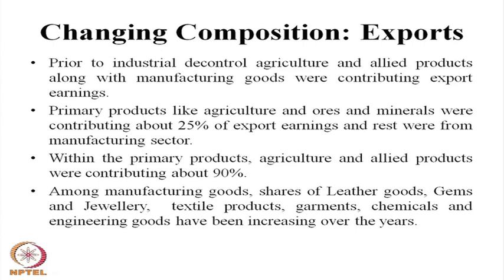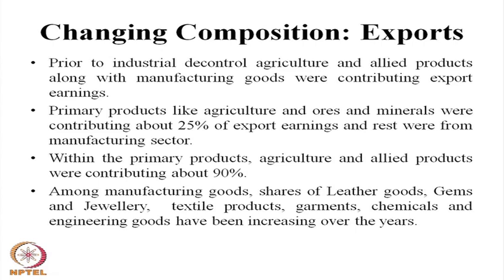Primary products like agriculture and ores and minerals were contributing nearly 25% of the export earning, and the rest came from the manufacturing sector. Within the primary product, agriculture and allied activity were contributing nearly 90% of our export earning. Among the manufacturing goods and services, leather goods, gems, jewelry, textile, ready-made garment, chemicals, and engineering goods have been increasing over the years as part of our value-added export side.